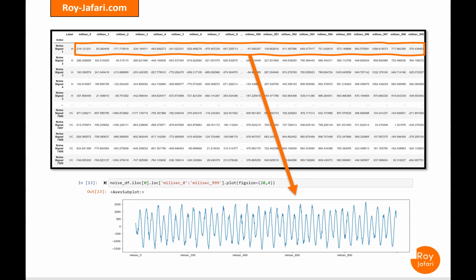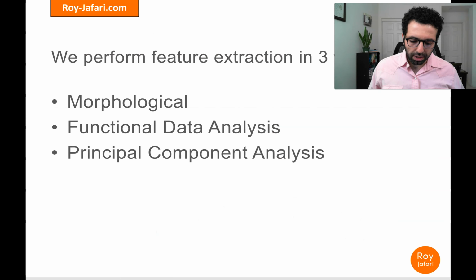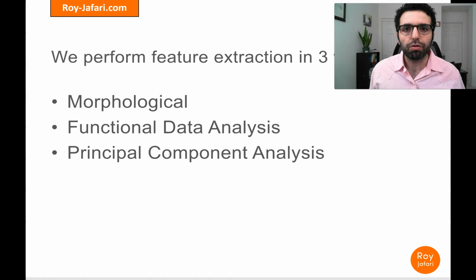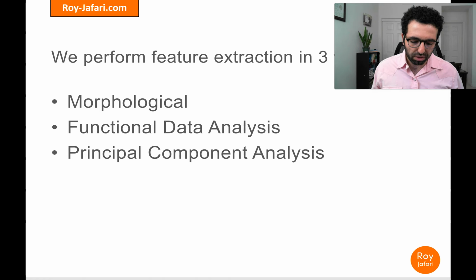So for the purpose of classifying, we could be going about this data for data transformation in different ways, right? There are 3 different ways, there are actually more, but there are 3 different ways that we are going to discuss in this video. The first one is morphological, right? So let's focus on the morphological, and then we're going to cover the other 2.